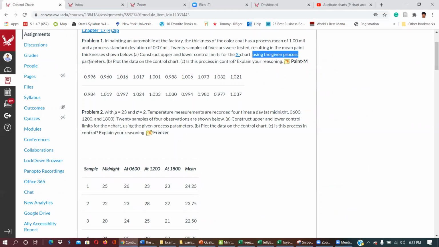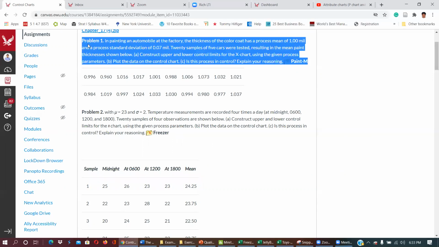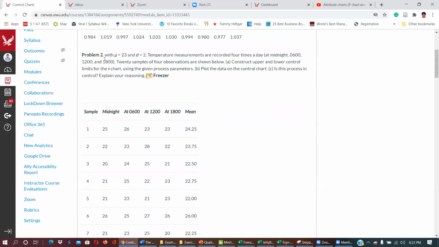Using the given process parameters, plot the data on a control chart, which does it automatically. Is this process in control? Explain your reason. So you can do this very easily, very quickly. Now, with mu and sigma, what is the meaning? Mu and sigma are given. Here you have known parameters.